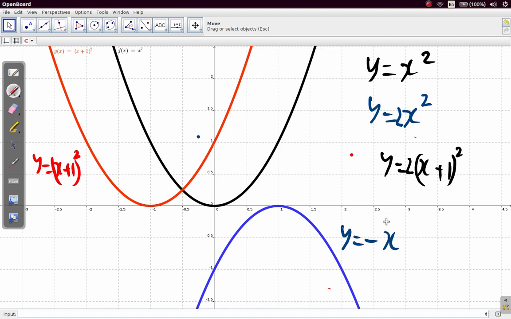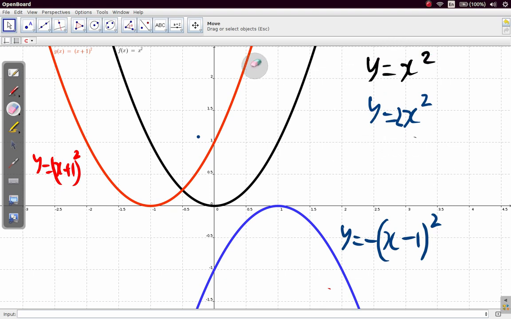This is negative x minus 1 squared. And of course, we have our old y equals x squared up here, right? So this is this graph. This, of course, is this one, and this is this one.